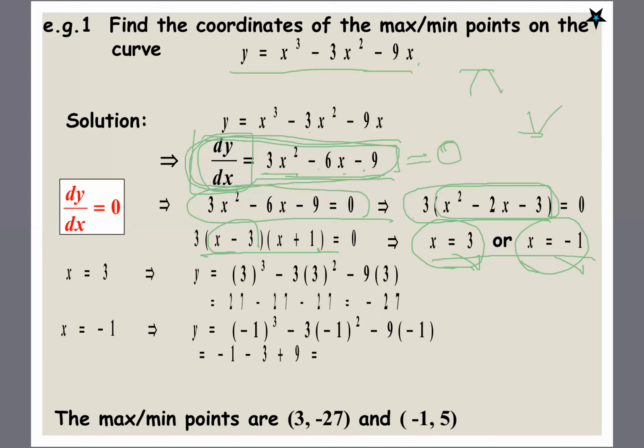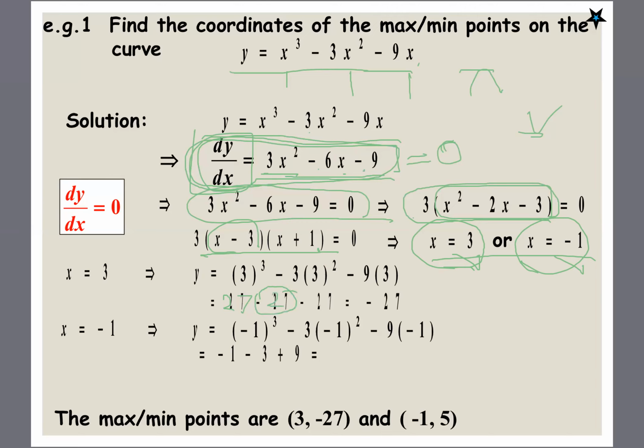Then what is our function? x cubed minus 3x squared minus 9x. So when I apply 3 in here, it becomes 27 first, 3 multiplied by 3 multiplied by 3. Then minus 3 into 3 squared, 3 squared means 9, 9 into minus 3, that's minus 27, right?